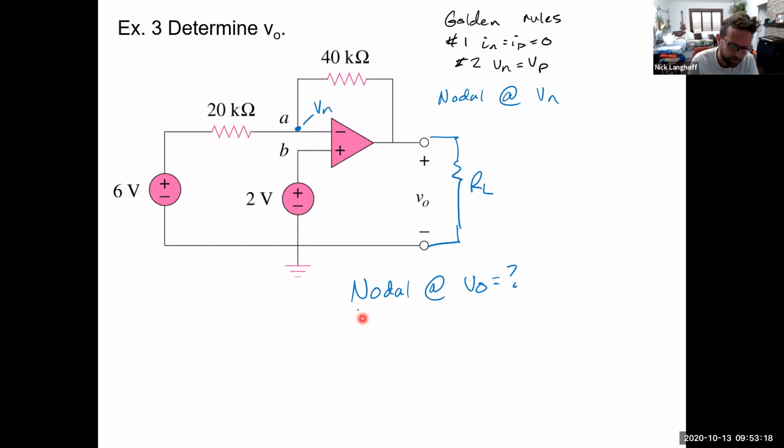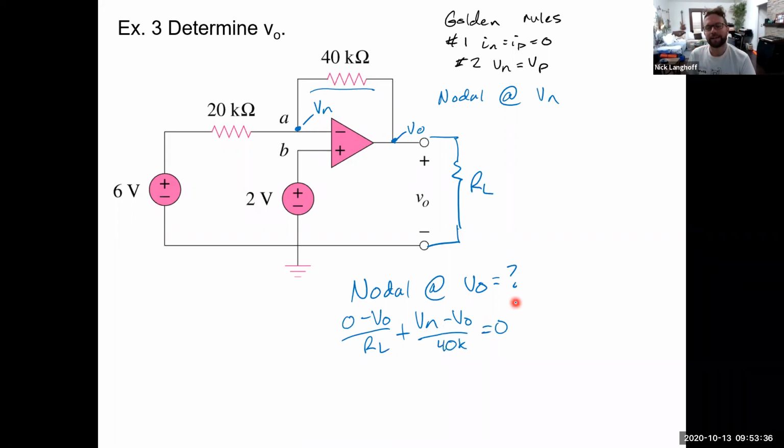And here's the reason. Maybe you'd say if this node is Vout, and you're doing far minus near, you've got a 0 minus Vout over RL plus a VN, this path here, minus Vout over 40K is all equal to 0, right?